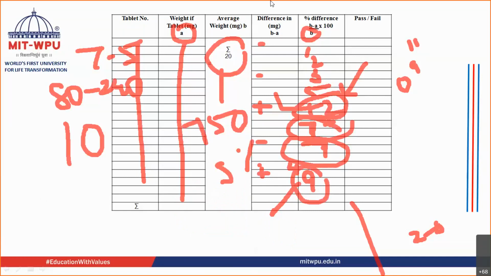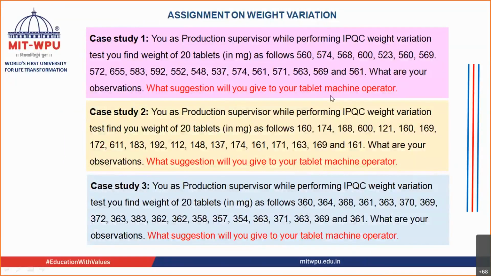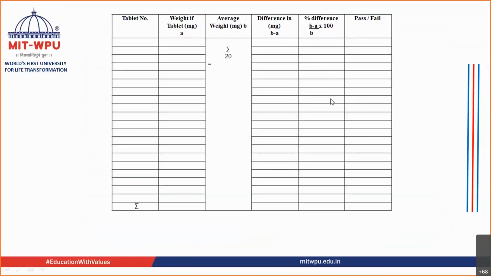Am I clear? Are you able to understand? Is there anybody who has not got it? So now I am going to see what the difference is over here and compare it with the standards. Then I am going to write down whether the tablet is passing or failing.